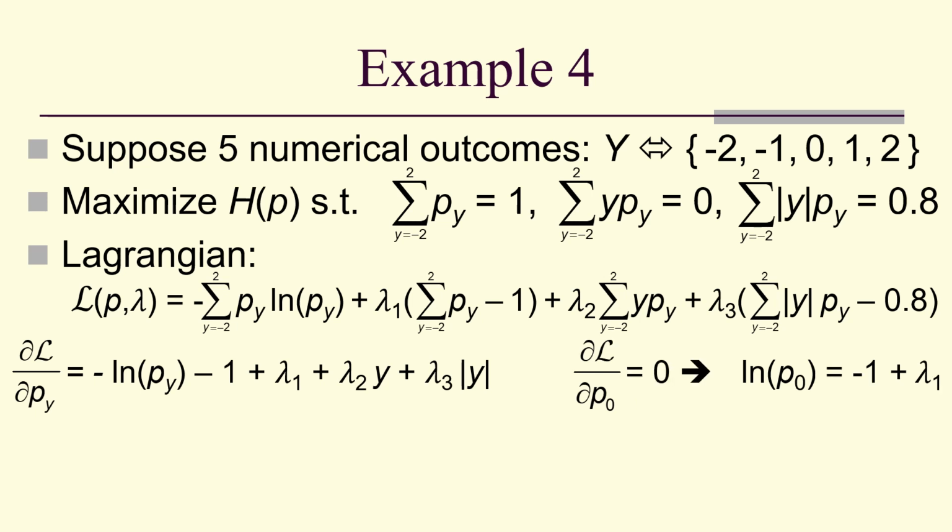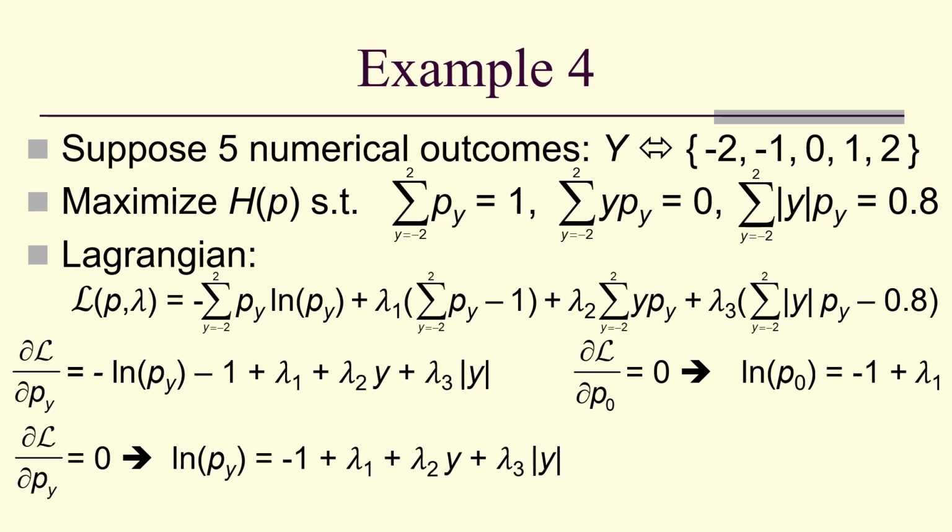And therefore we get this, and the rest of them are of this form. And we can substitute the natural log of p0 for the negative 1 plus lambda 1. And then we can solve for p sub y. Notice p sub y is going to be p naught e to the lambda 2 y plus lambda 3 absolute y.